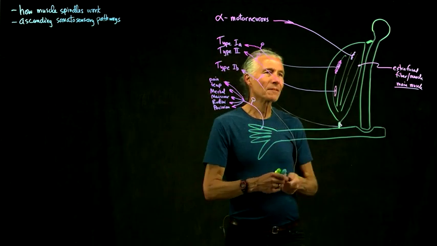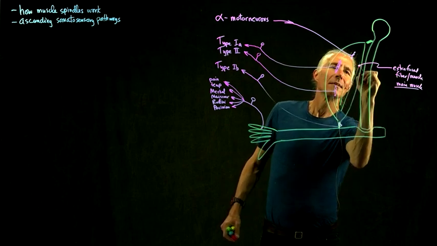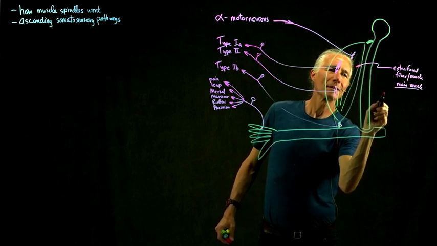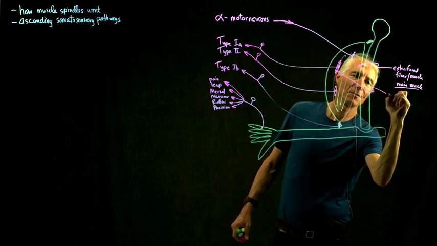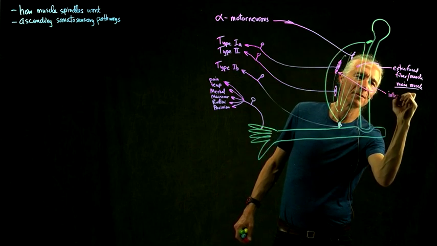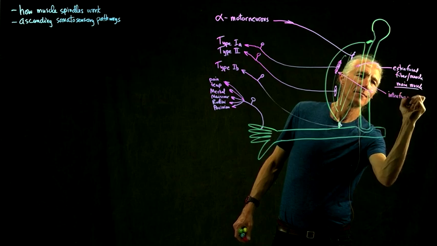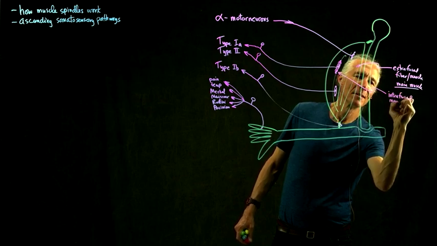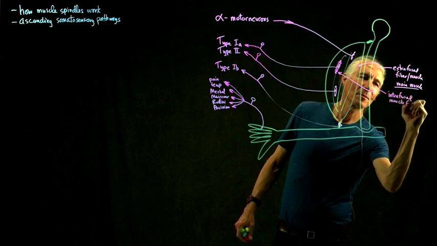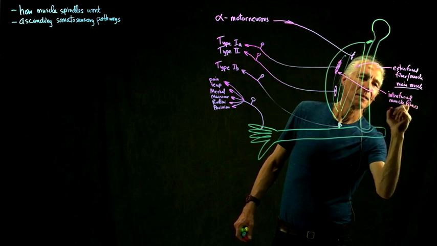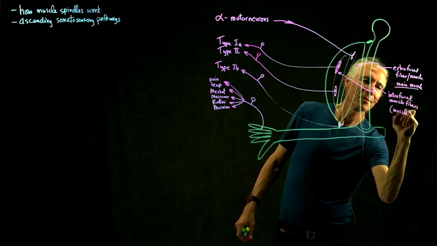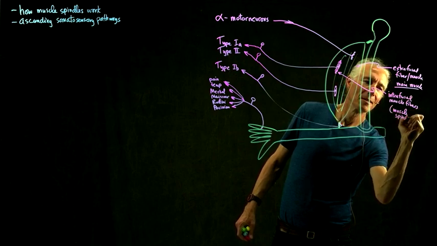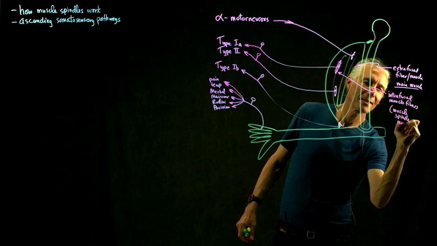These things here are called, if you read, intrafusal, confusing, intrafusal muscle fibers. And these are the muscle spindle muscles. So why do they need muscles?